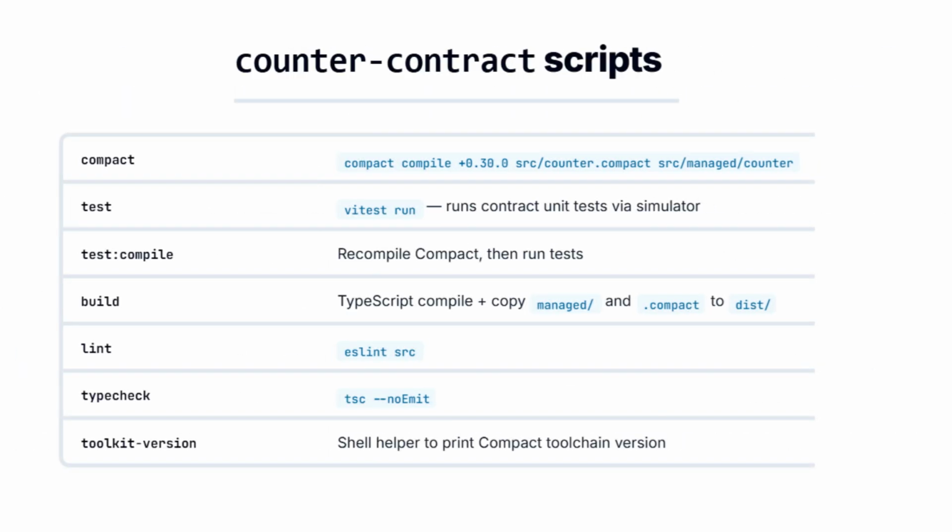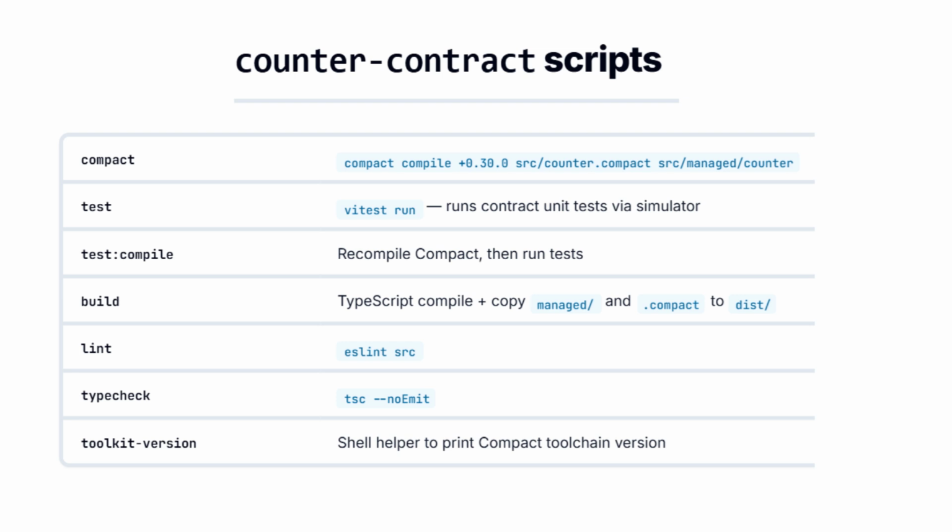Okay, so now each workspace has its own scripts too. Let's look at counter-contract first. Compact calls the compact compiler. Notice that .30 that pins the toolchain version so everyone compiles the same way. Test just runs Vitest. These are fast, simulator-based tests. No Docker, no network.